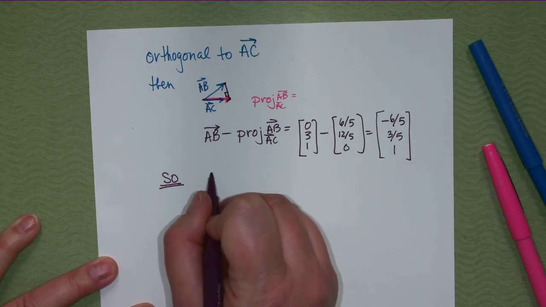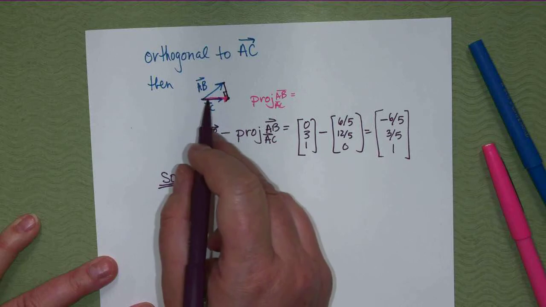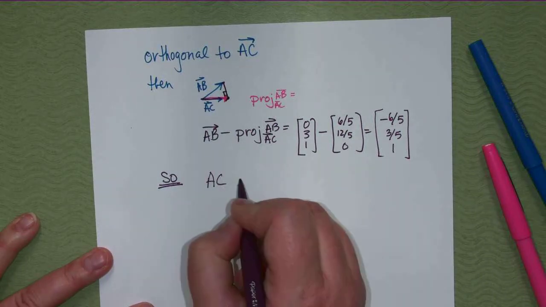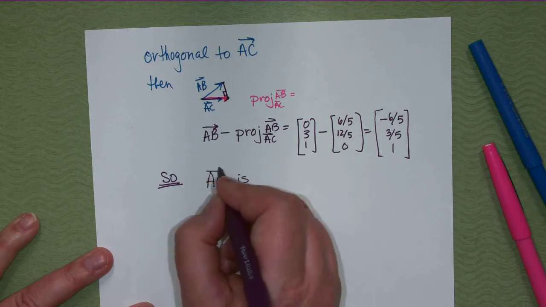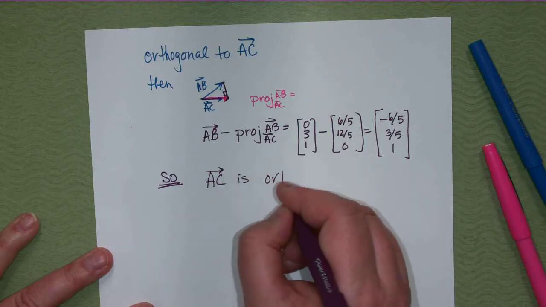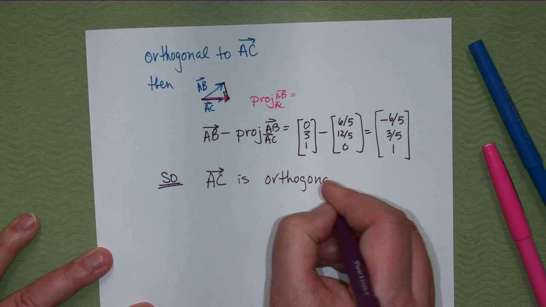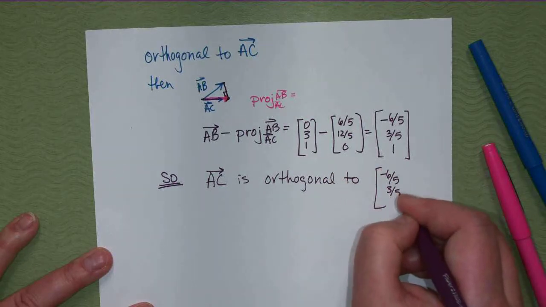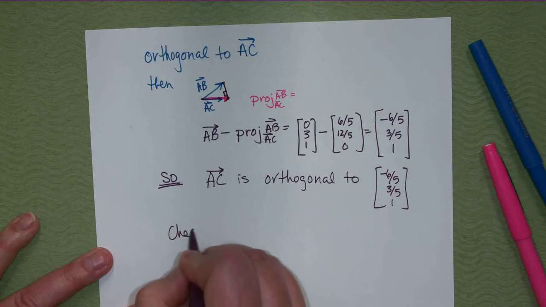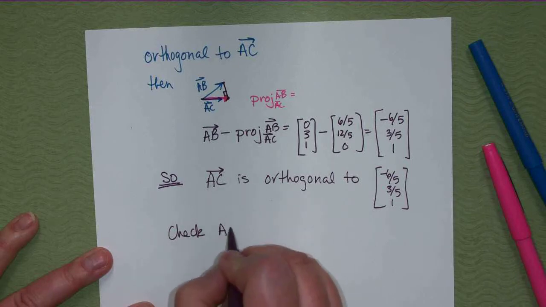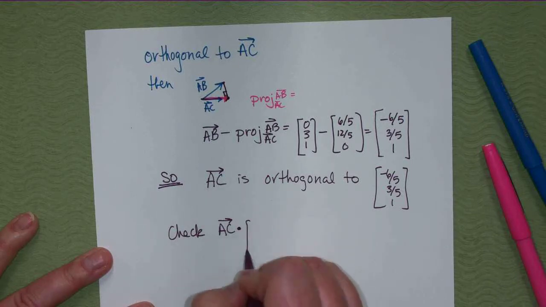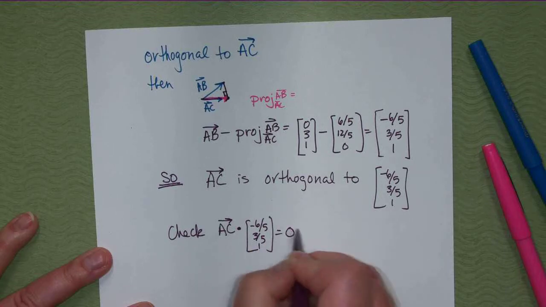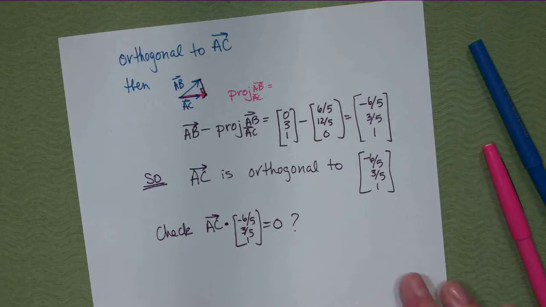You could say the projection, because that's in the plane as well, or you could say AC is orthogonal to that. And how would you check? You would check the dot product is 0.